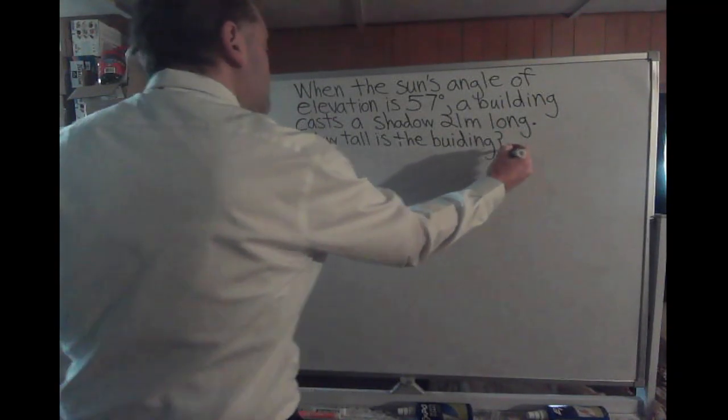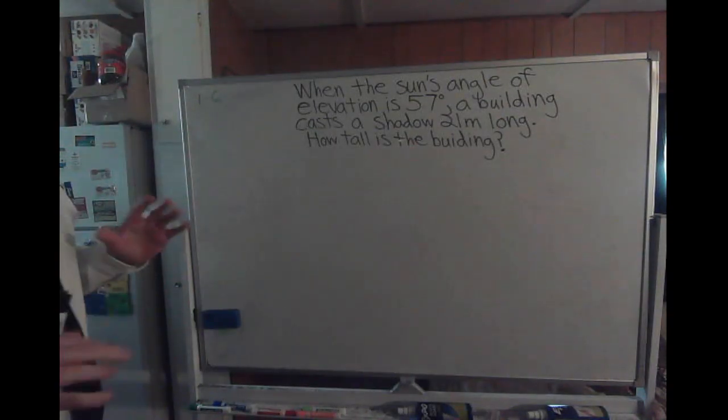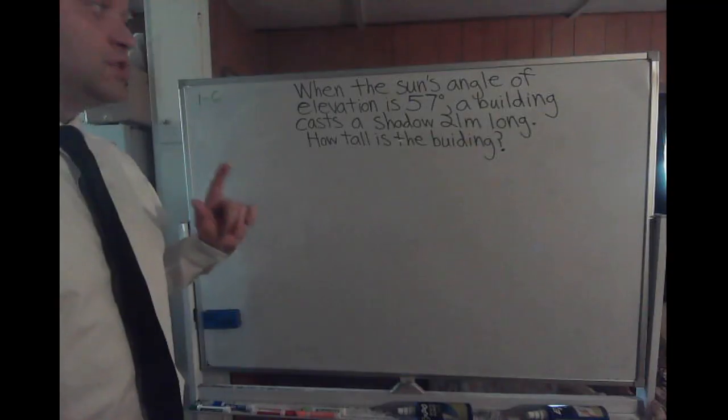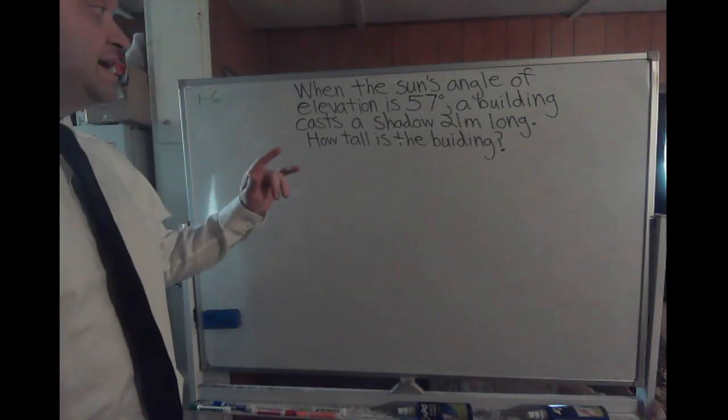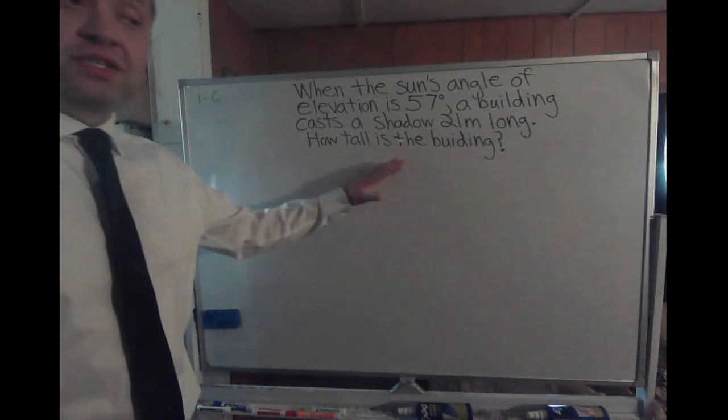Okay, so we have our very first problem here. This problem reads, when the sun's angle of elevation is 57 degrees, a building casts a shadow 21 meters long. How tall is the building?